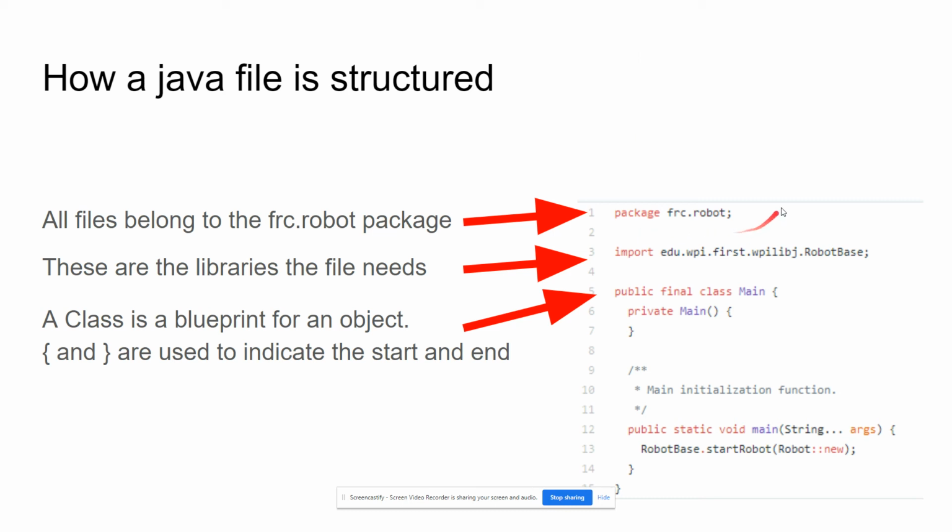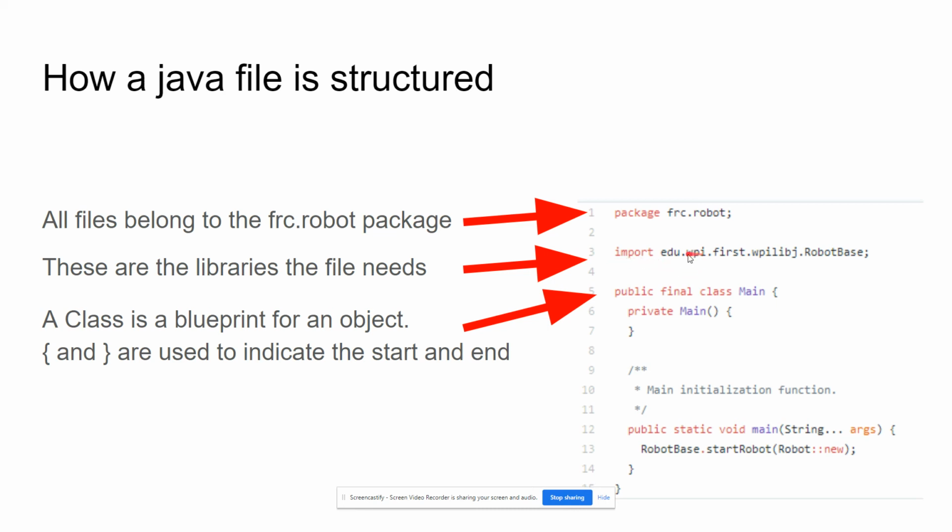Everything that is part of that package, and in our case it's FRC.robot, it goes through all the files, finds those packages, and incorporates it. So when you set up initially, you'll be creating your package name. Also, we are importing different libraries. There are libraries of code that already exist, and even though you could create it all from scratch, it's really important to take advantage of the resources that are out there.